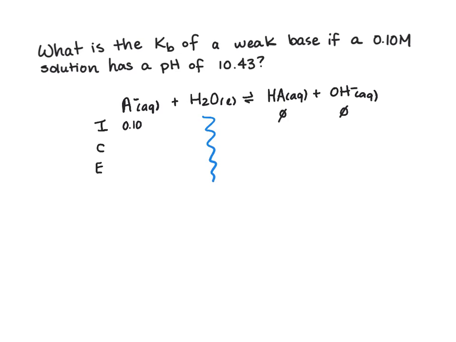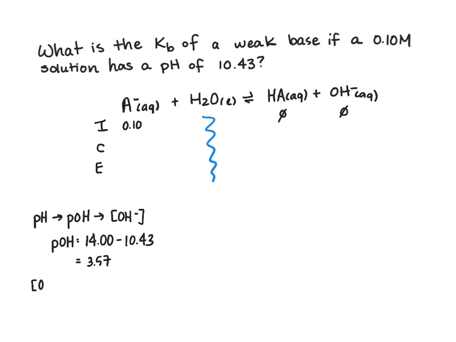Now, normally we would fill in X's here, but we're actually able to solve for this equilibrium concentration of hydroxide because we have a pH. So we're going to take our pH, turn it into pOH, and then turn that into the concentration of hydroxide at equilibrium. So pOH is going to equal 14 minus 10.43, which equals 3.57.